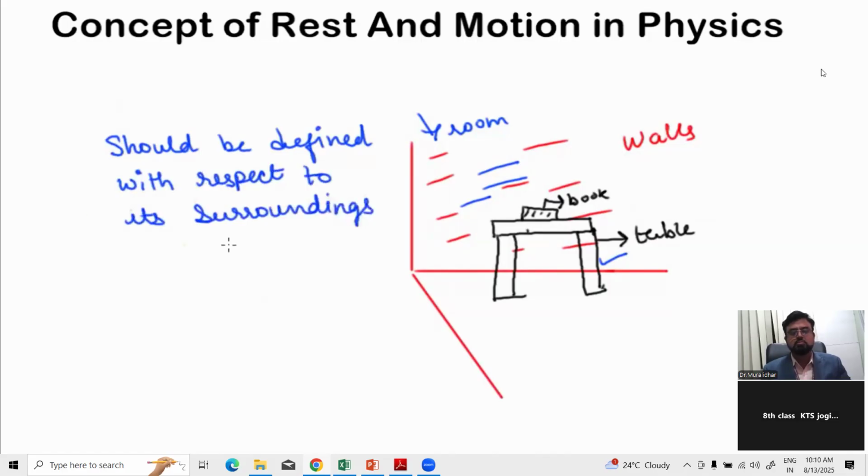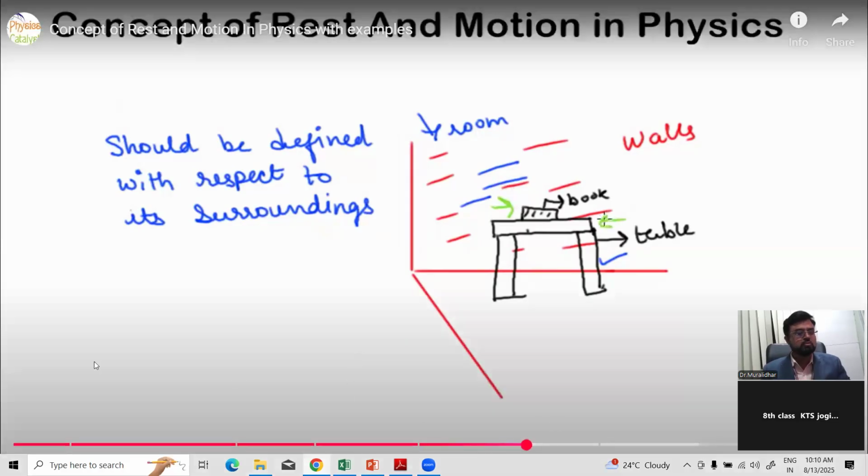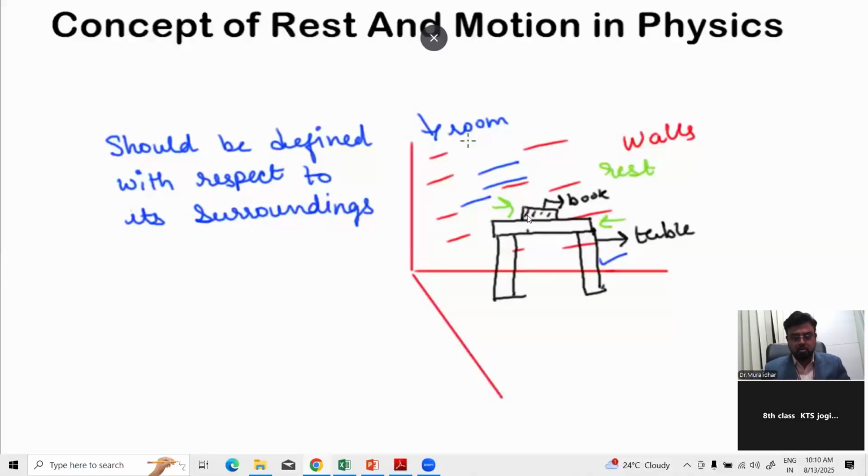As an example, look at the book lying on the table in a room. When nobody is near it, the position of the book with respect to the tabletop, walls, or ceiling of the room is not changing. So, the book as seen from the room is at rest. We can say that the book is at rest with respect to the room.